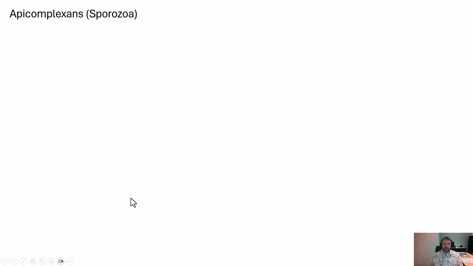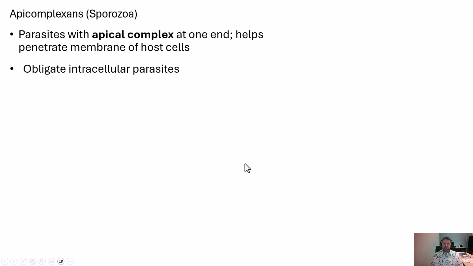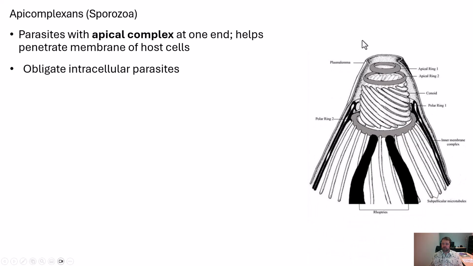Okay, the apicomplexans or the sporozoa, these guys are normally distinguished by the apical complex. One end of the parasite will have this drill-like structure that allows them to enter host cells.